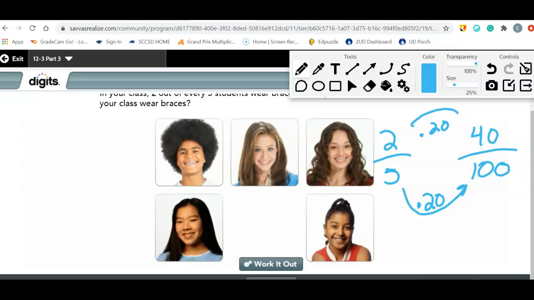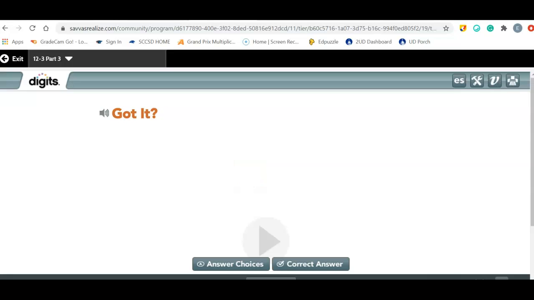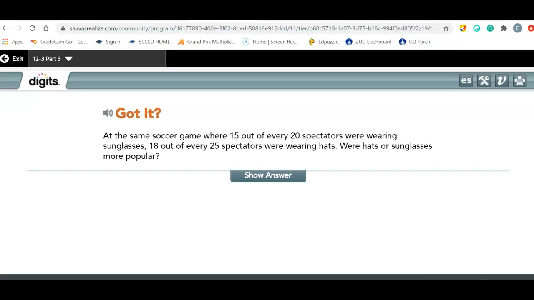All right, on the very back page of your guided notes, I want you to answer the last question, where it says at a soccer game where 15 out of every 20 spectators are wearing sunglasses and 18 out of every 25 spectators are wearing hats.